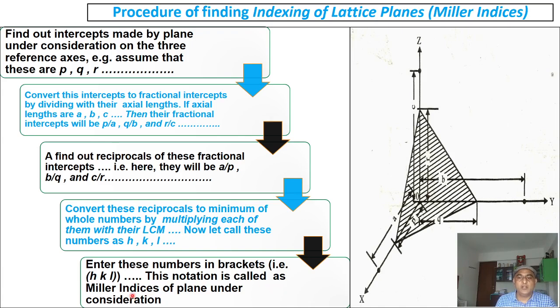This notation is called the Miller indices of the plane under consideration. These are the steps for finding the Miller indices of any plane.